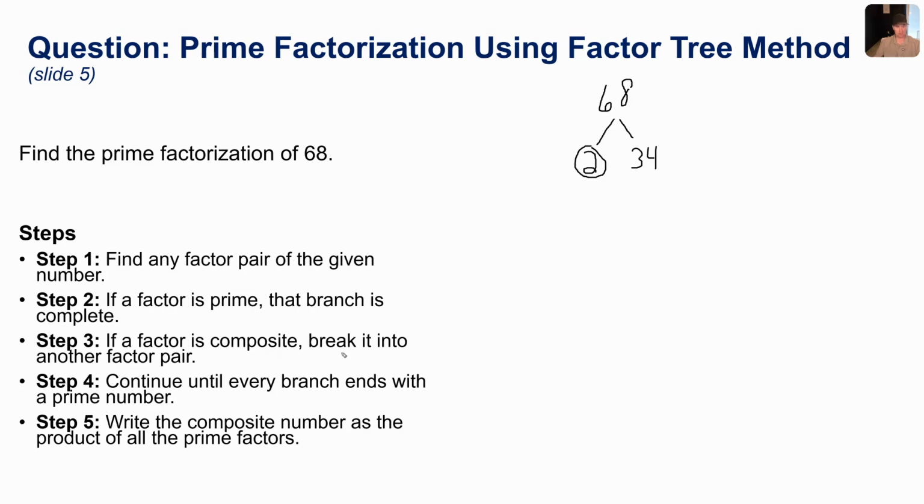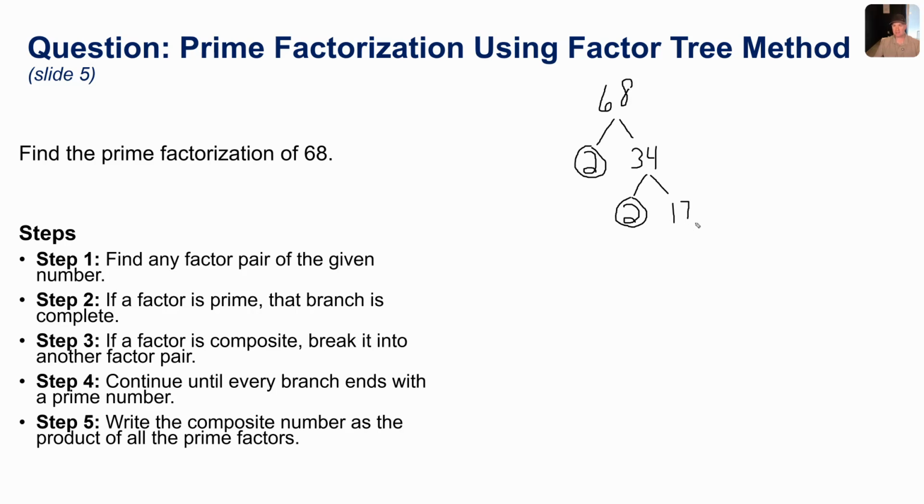If a factor is composite, break into another factor pair. We continue until each branch ends with a prime number, and then rewrite the composite number as the product of all the prime factors. Right? So 34 is composite, so I can continue breaking this down into 2 and 17. Now 2 is prime. What about 17?